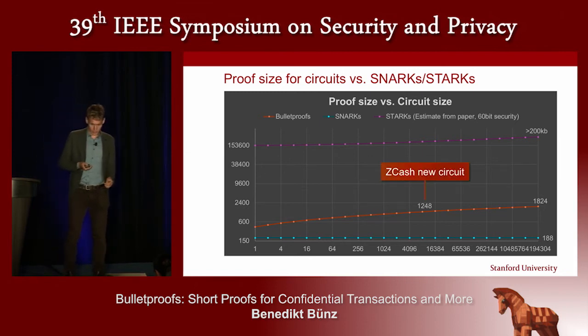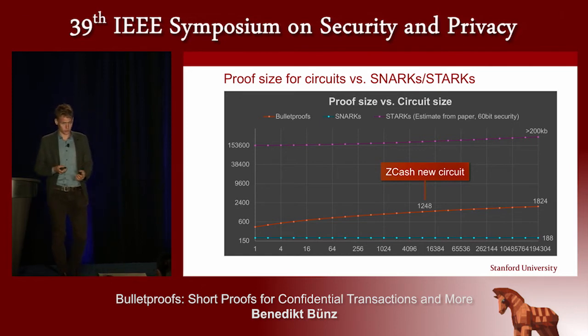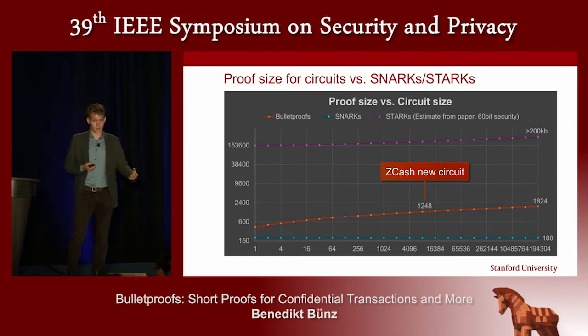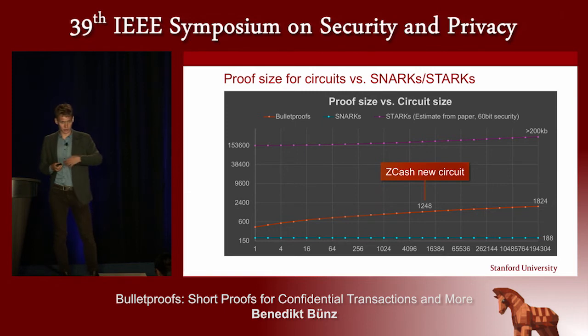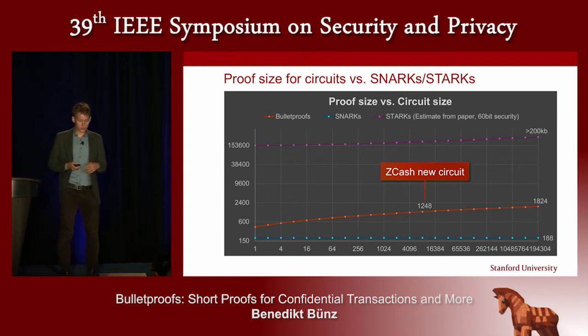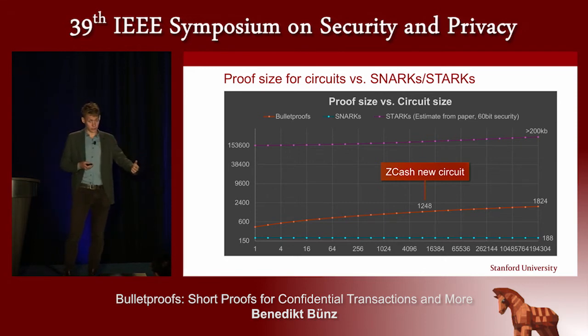So I also want to highlight Zcash, which is another cryptocurrency with the strongest privacy properties, which uses snarks right now. They're using a new circuit, so if we use Bulletproofs, the transactions would be about 1.3 kilobytes. However, the other big downside versus snarks, why can't they just switch to that?